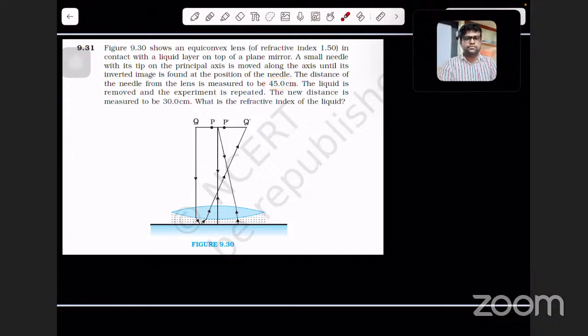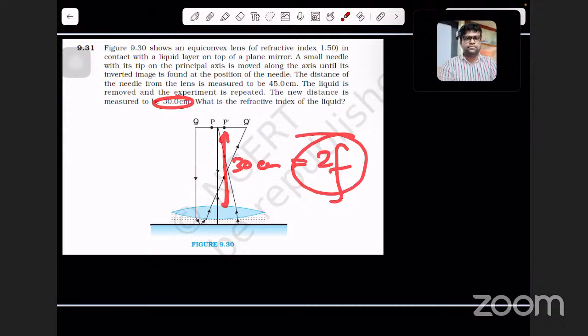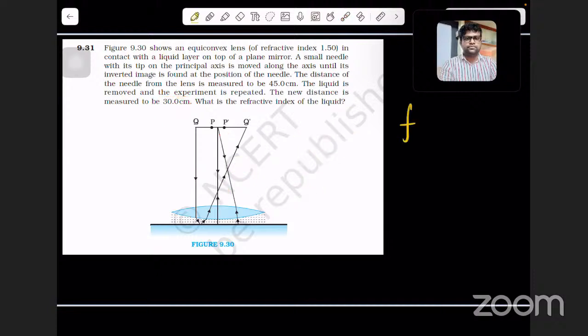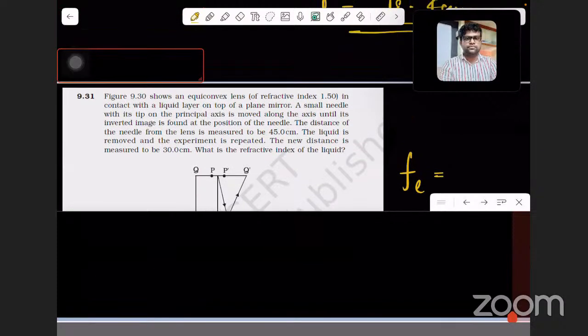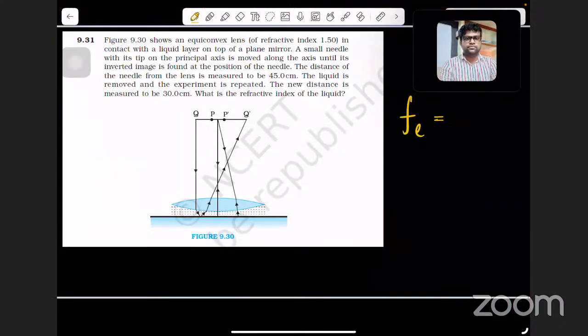So the new distance, when this liquid is not there, that means only this convex lens is there, is 30 centimeters. And what did I say? That is 2f, that is at the radius of curvature. So the focal length of the lens is 30 centimeters, right? Focal length of the lens is 30 centimeters.